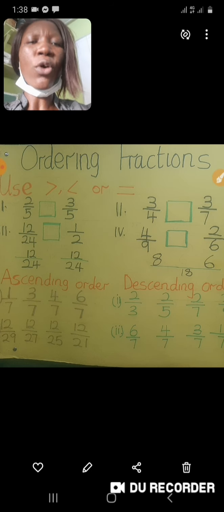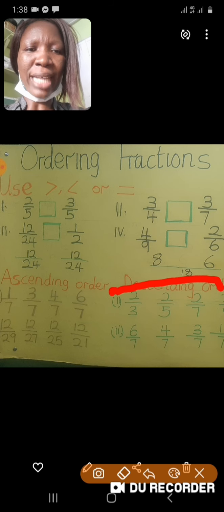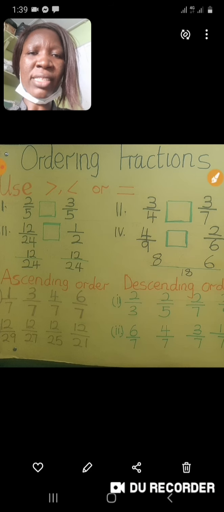That is the rule. So what do we have here? In the second example, all the numerators are the same. They are all 2, 2, 2, 2, 2.